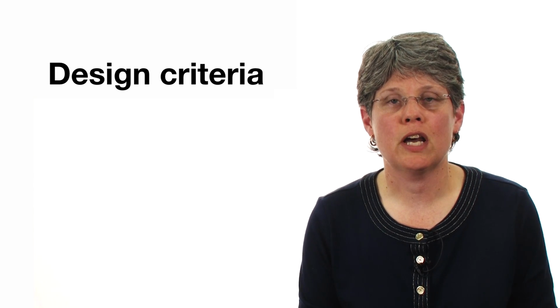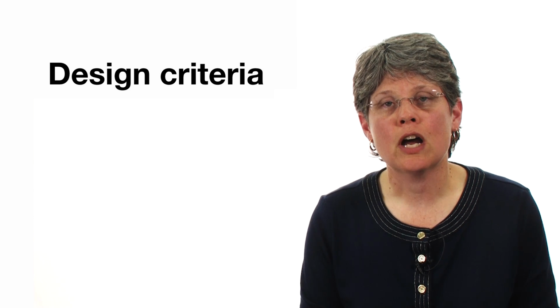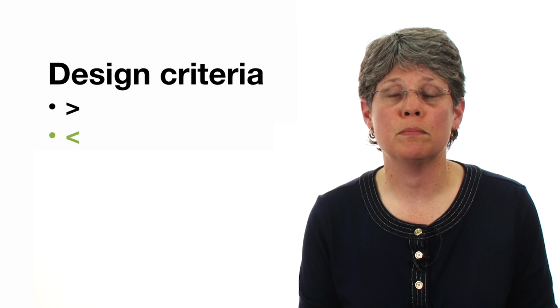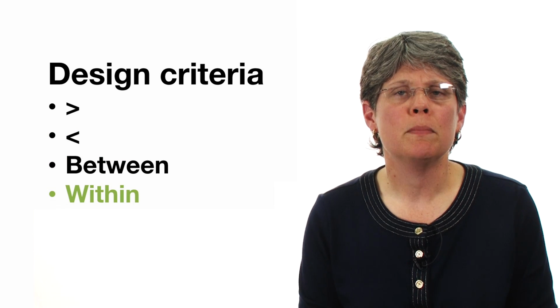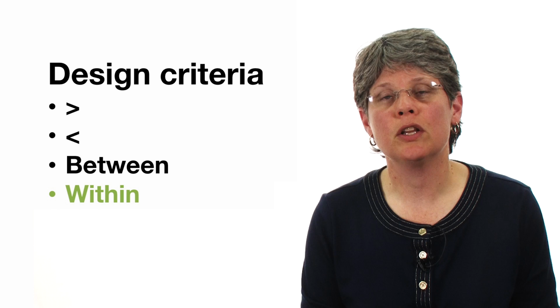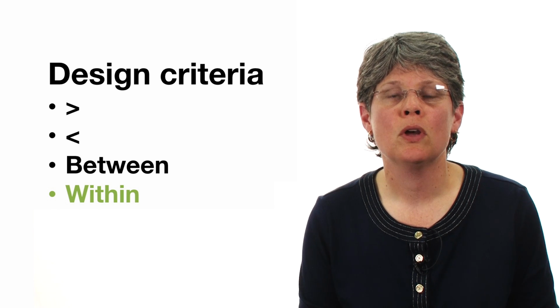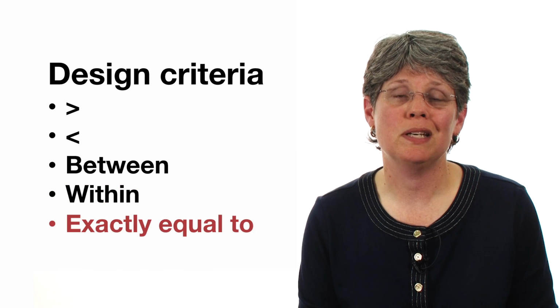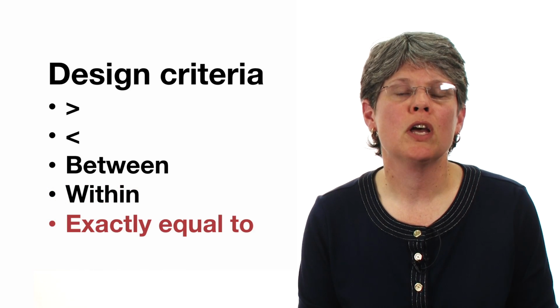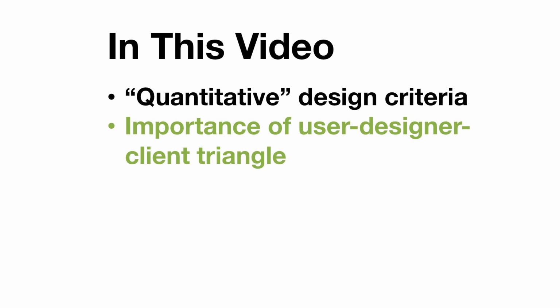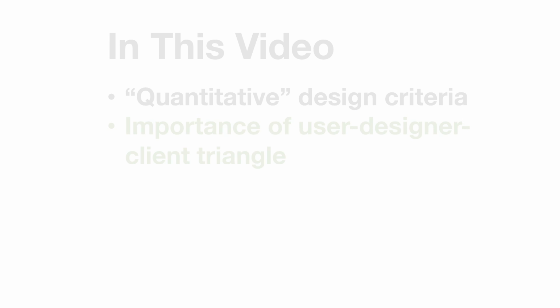When defining these design criteria, it's desirable, if you can, to select greater than, less than, between, or within, because this gives you, as the engineer, a little bit more flexibility in developing your device. When you set a design criteria to be exactly equal to a value, it really constrains the way you're able to design your device.